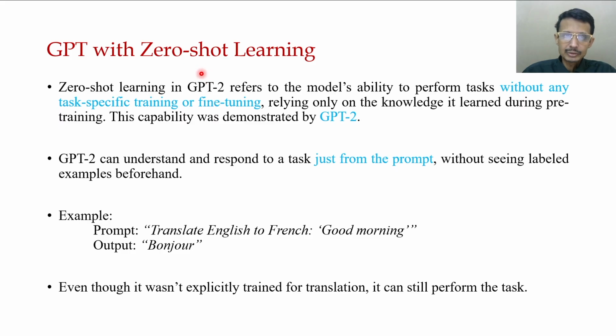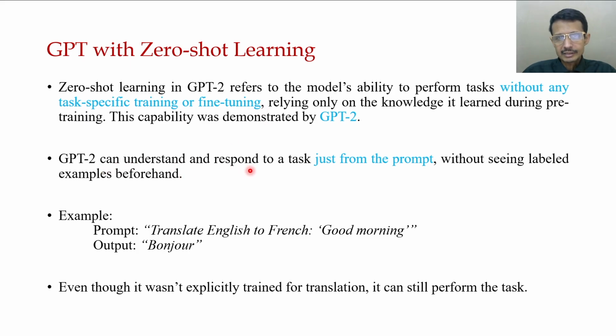Still it can manage. So this zero shot learning capability for GPT-2 refers to the model's ability to perform the task without any task specific training or fine-tuning, relying on the knowledge it learned during pre-training. And GPT-2 has this capability.